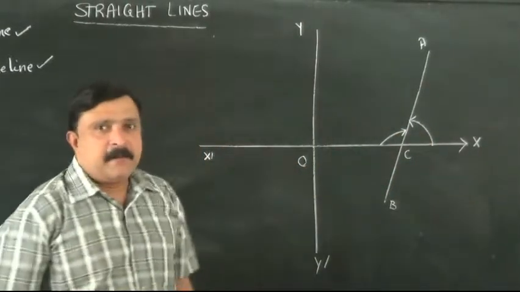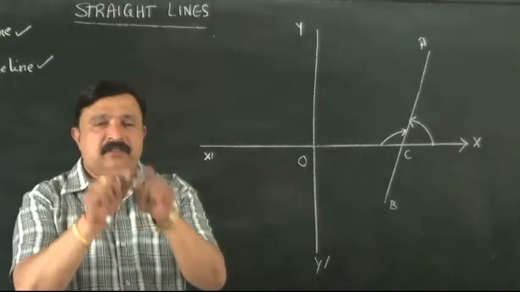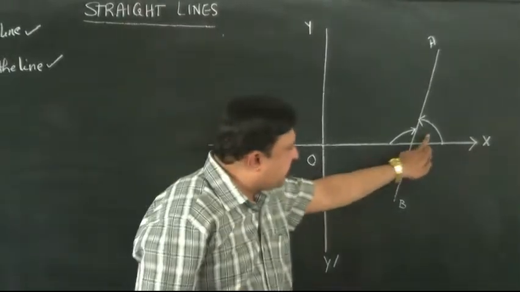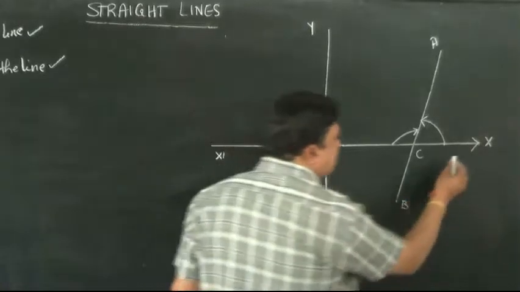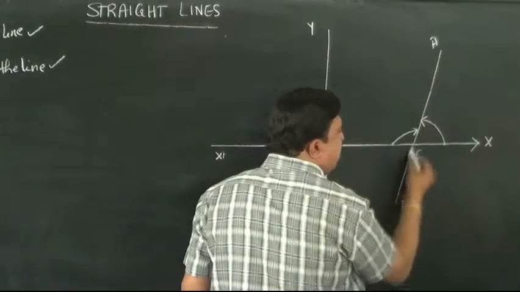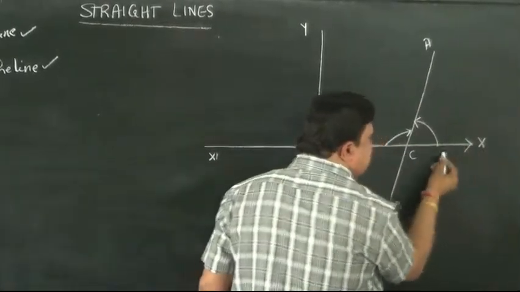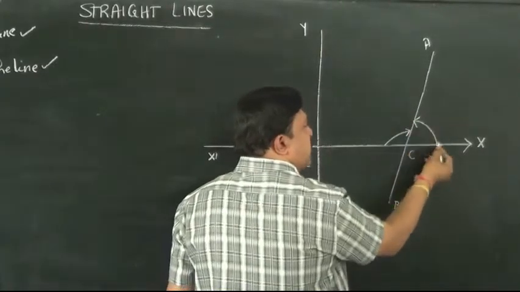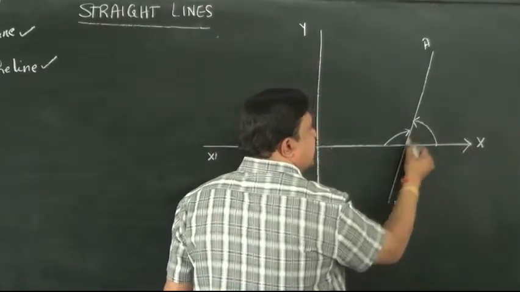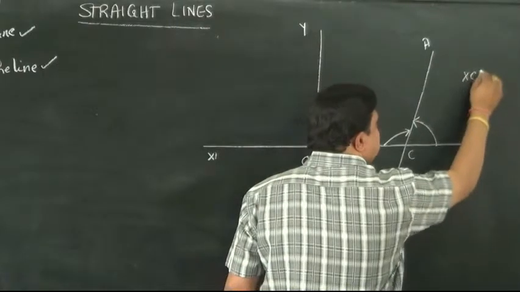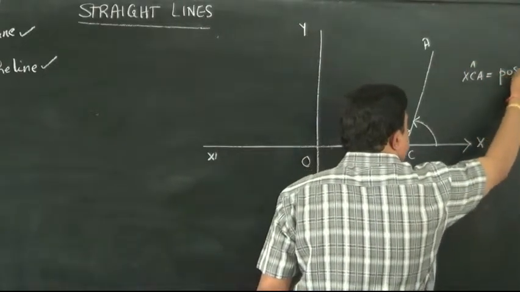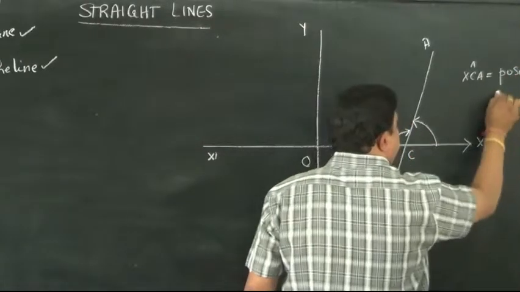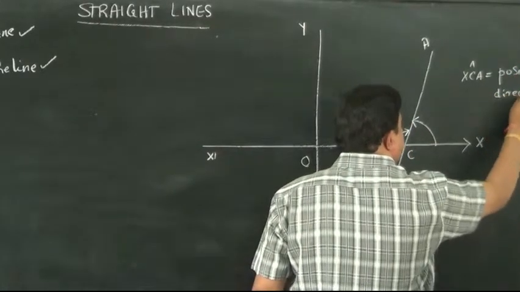So the line makes two types of angles with the x-axis which are supplementary. But for all practical purpose, we consider the angle made by the line with the x-axis in anti-clockwise direction. The angle XCA is also called as positive direction of x-axis.